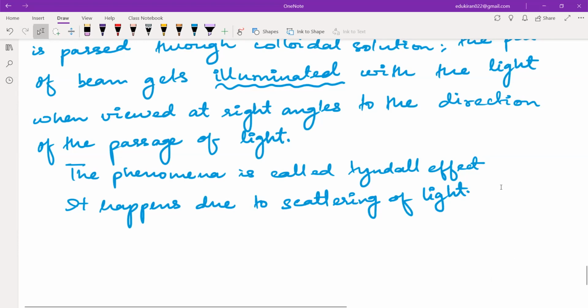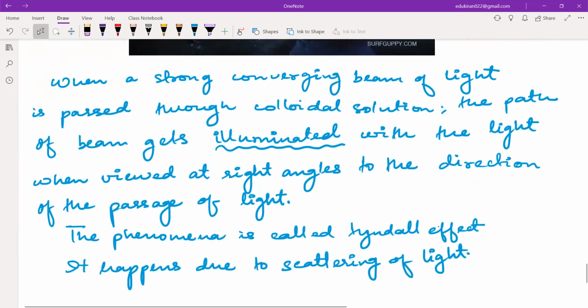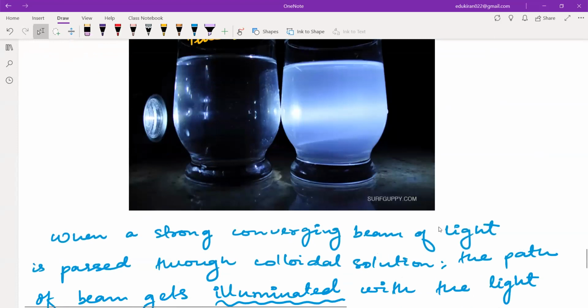Okay, now there is another topic which is known as Brownian motion.